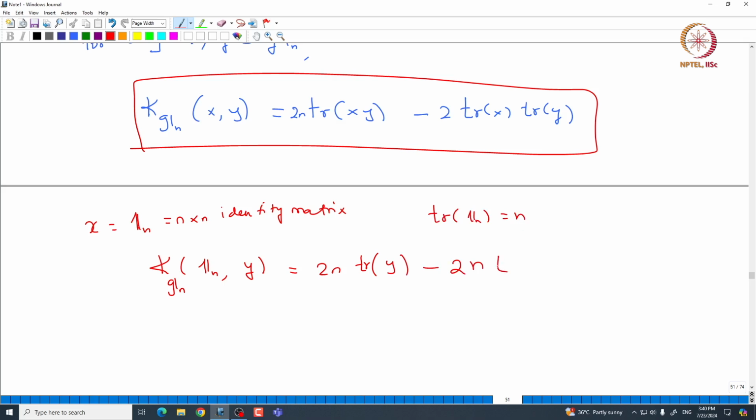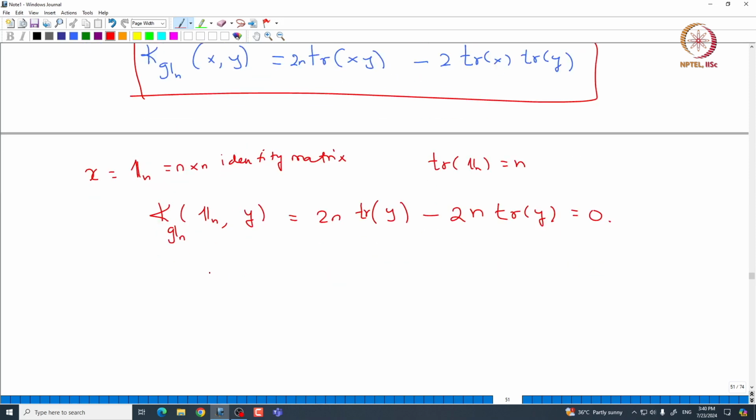Again this is 2n trace of y, so this is going to be 0. This just kills all the elements y. So, that means this n by n identity matrix is in the radical of the bilinear form.